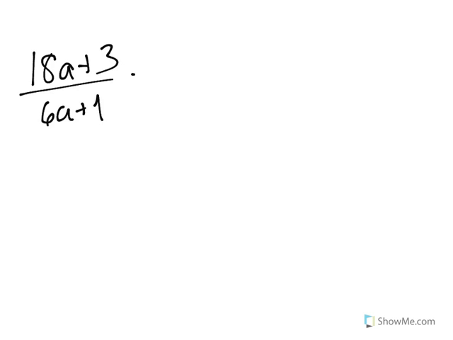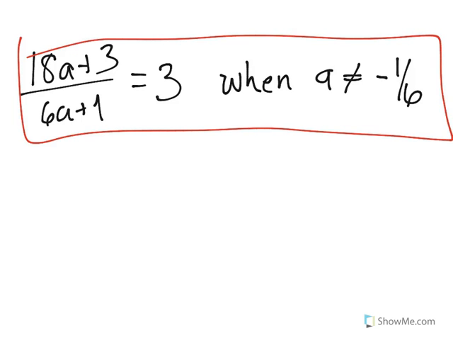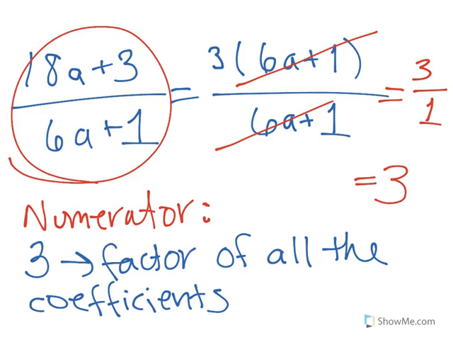What we do is say 18a plus 3, I'm sorry, over 6a plus 1 is equal to 3 when a is not equal to negative 1/6. And that is our simplification of the rational expression that we had before, right here.